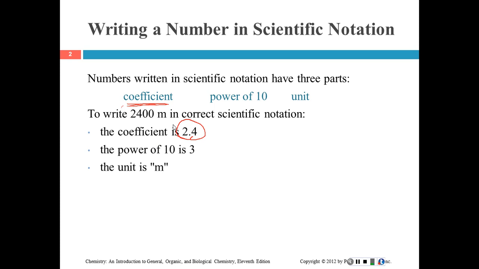Notice that this will always have 1 decimal place, and it'll only have one number to the left of the decimal place. Now, it can have more than that to the right of the decimal place, but only 1 number to the left of the decimal place. That's very important to remember.